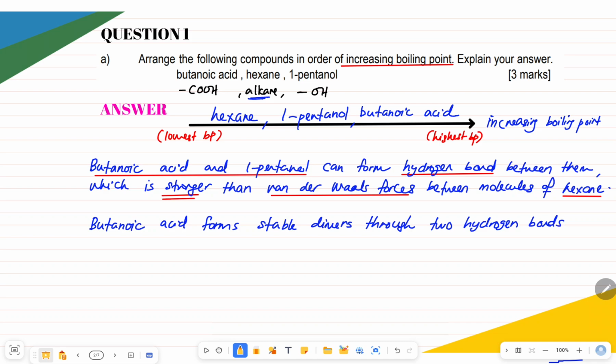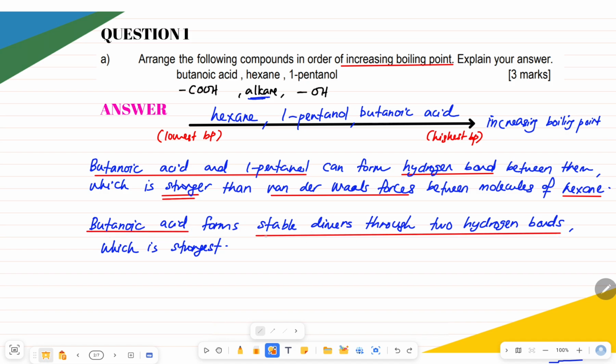Okay, for carboxylic acid, the type of hydrogen bond is stable dimers through two hydrogen bonds. So, which is stronger? Or we can say which is strongest. Okay, so butanoic acid forms stable dimers through two hydrogen bonds, and this type of hydrogen bond is the strongest type.